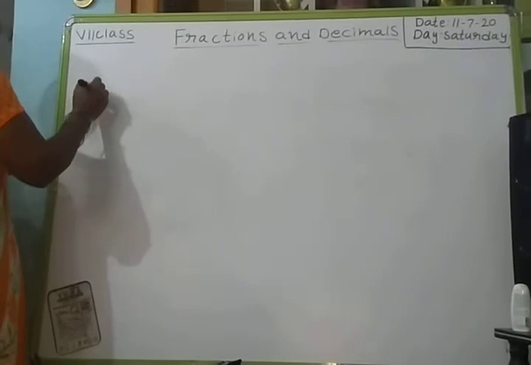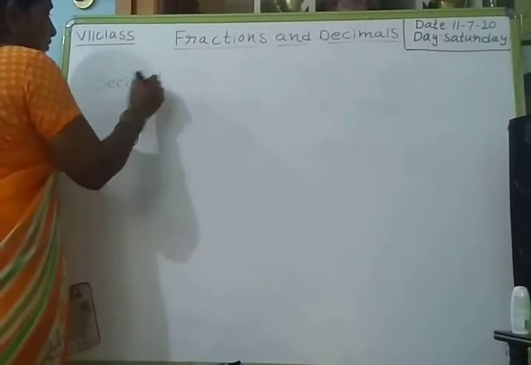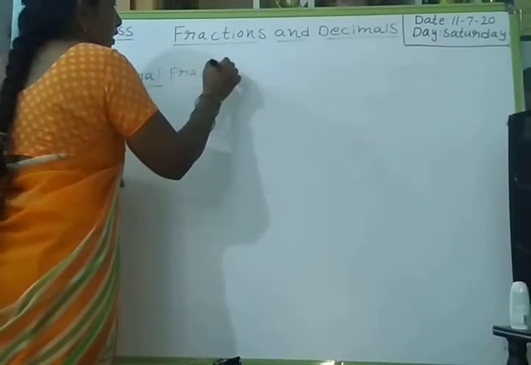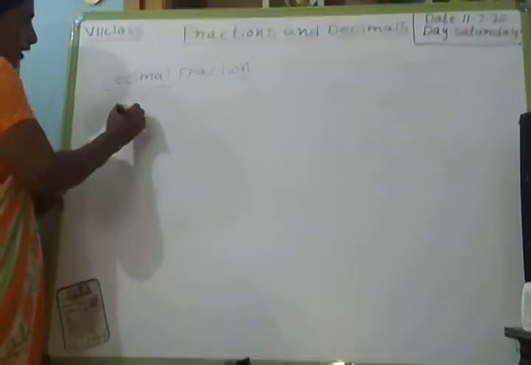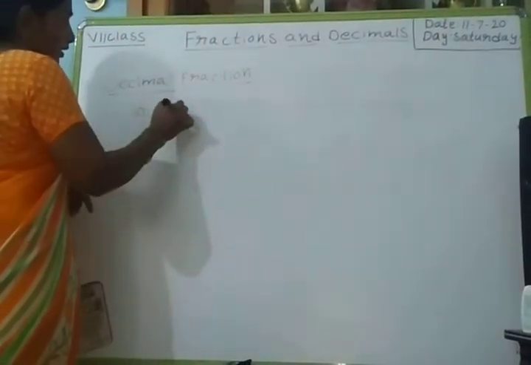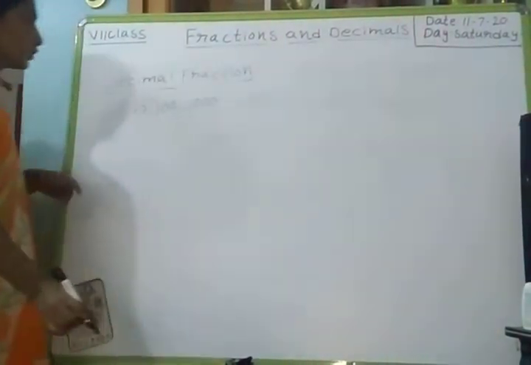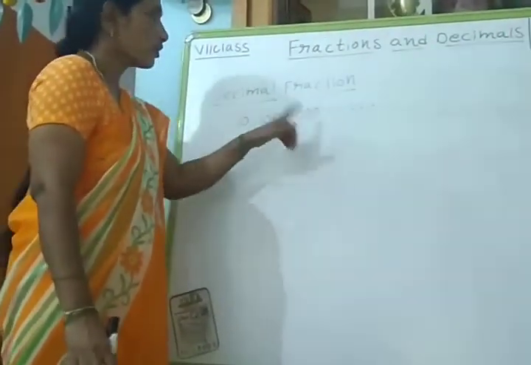Decimal fractions are fractions whose denominators are either 10 or 100 or 1000, etc. So a decimal fraction is a fraction in which the denominator is 10 or a power of 10.